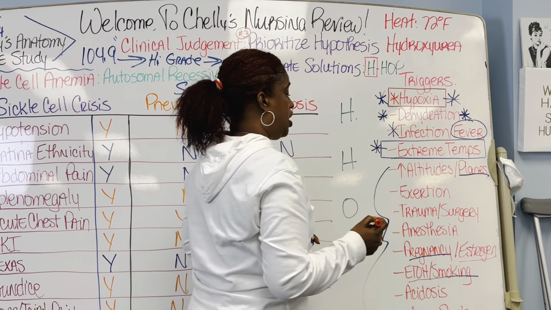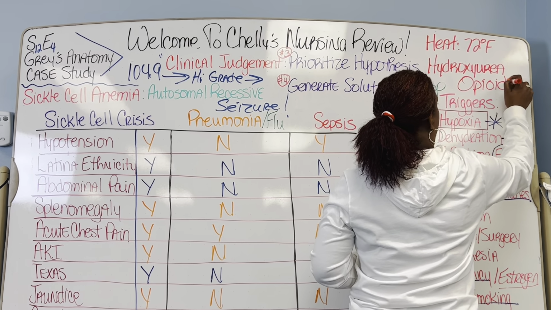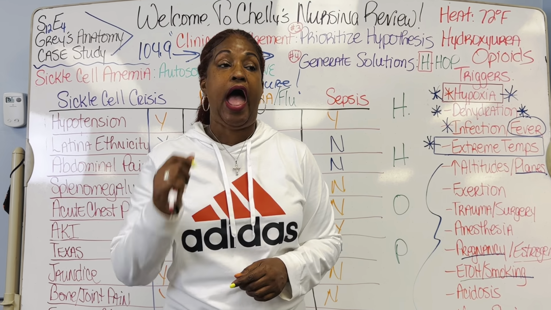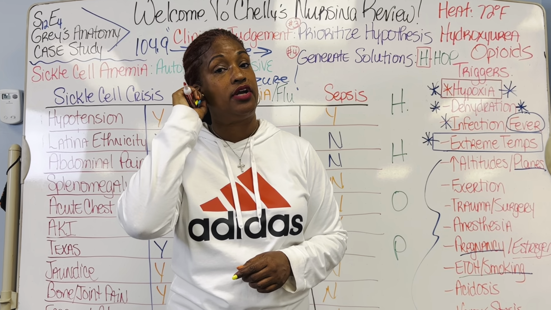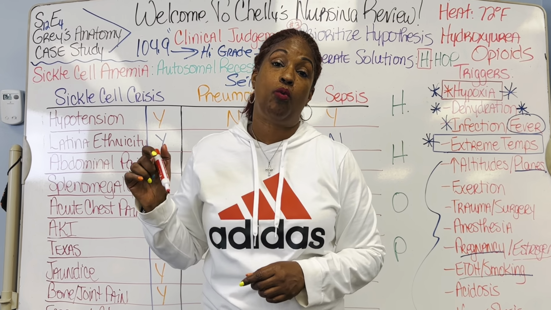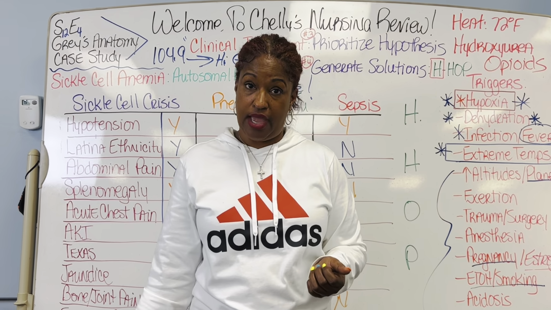The O is also opioids. So the patient will actually need opioids for pain management. And the reason why I want you to hear me loud and clear is because if you consider what I told you in video 1, which is basically black and brown people gonna be your patient.